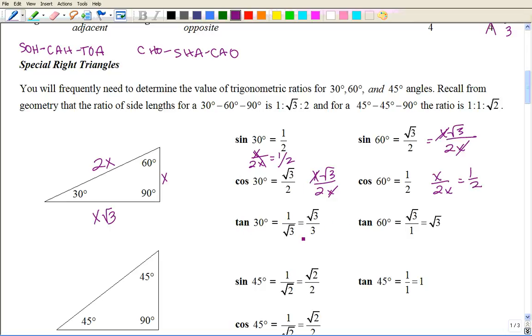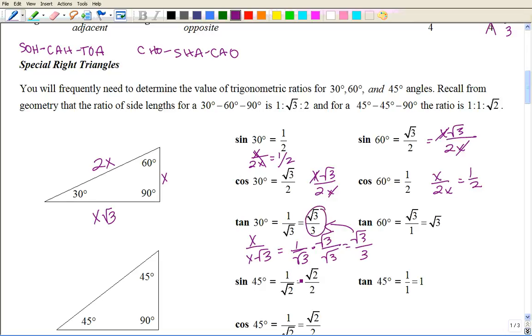Whenever you get to tangent, if we're looking at the tangent of 30, that's going to be opposite over adjacent. Well, that's 1 over the square root of 3. But remember, we have to rationalize that denominator, so we multiply on the top and the bottom by the square root of 3. We'd have the square root of 3 over 3, which is how they got that number right there.